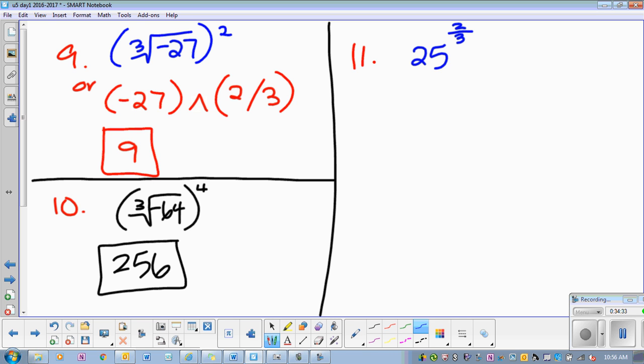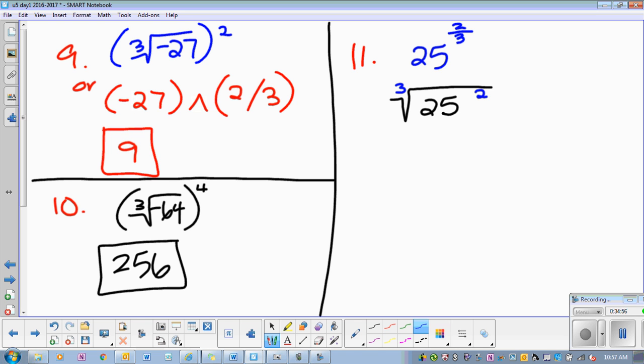So let's rewrite this as a radical. Power over root. 25. What's the power on the 25? 2. And what's the root? 3. Okay?